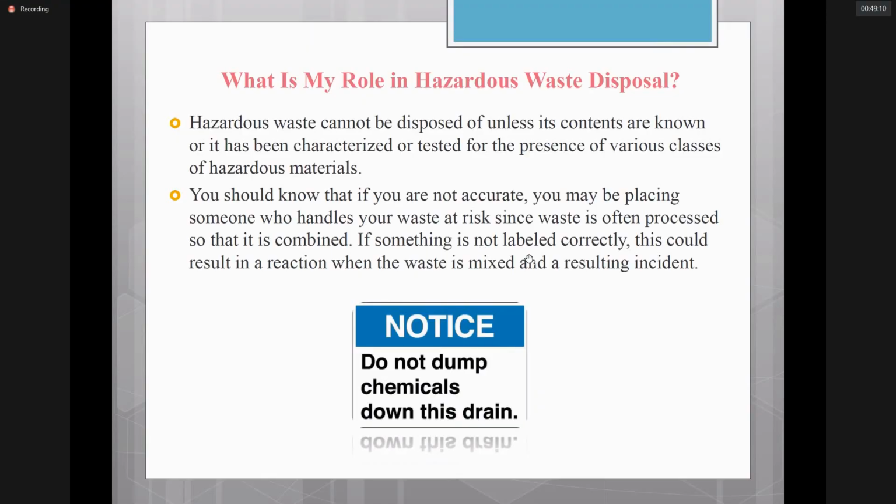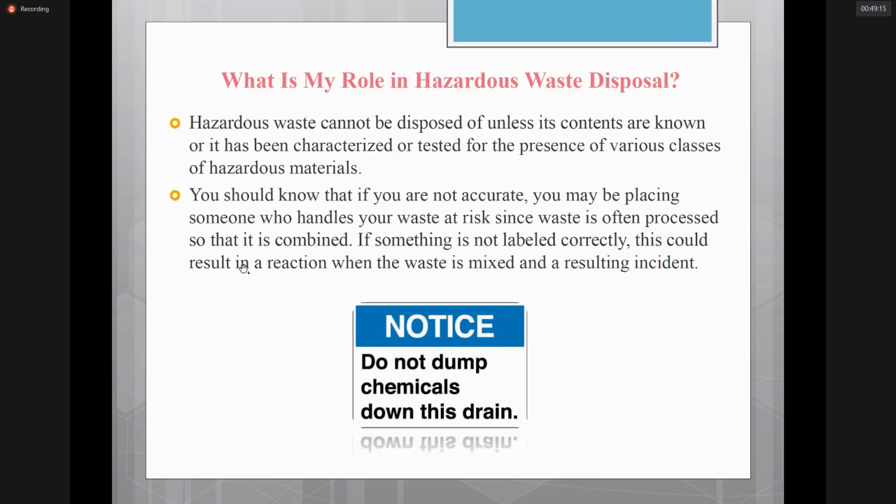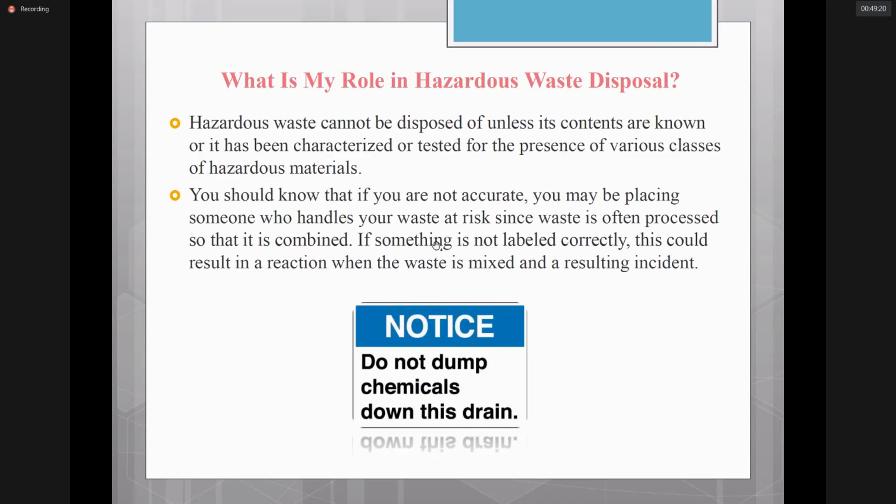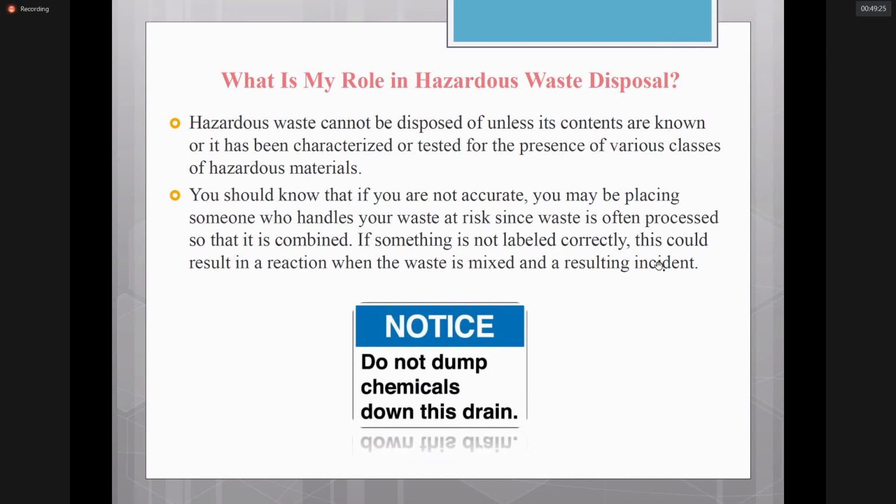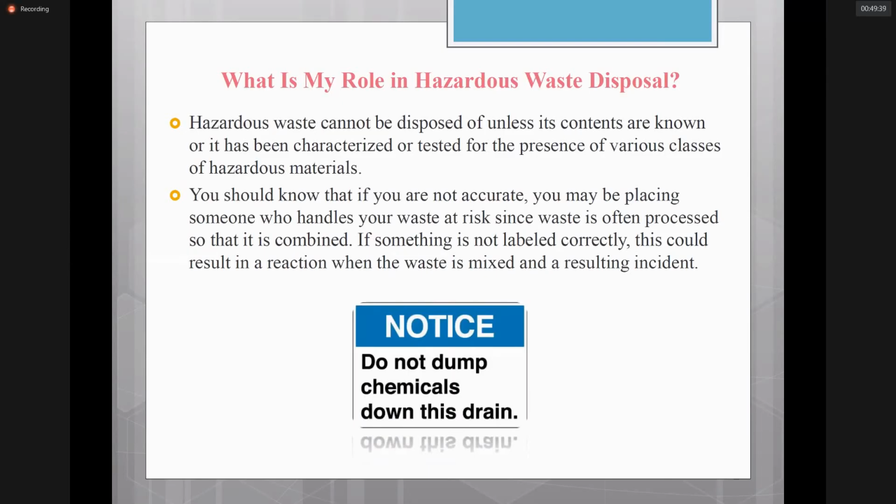If something is not labeled correctly, the result will be seen as a reaction between the contents when the waste is mixed, resulting in risk or an incident. فلو كانت المحتويات غير واضحة بيؤدي إلى mixing لall the chemical waste from this building, for example, and it will react together and make incident لا سمح أو risk.